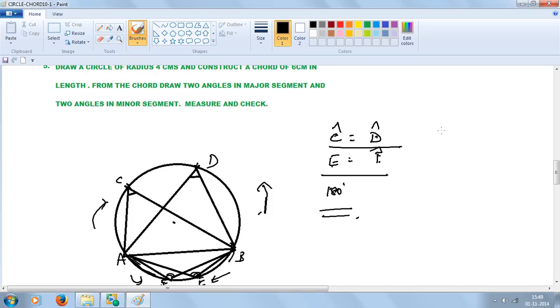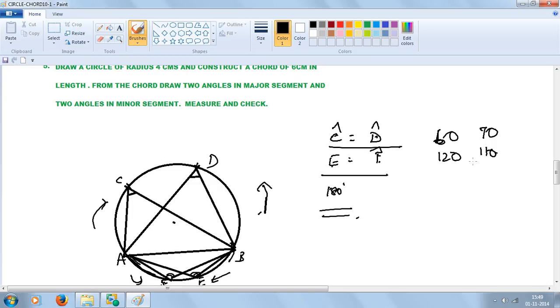Suppose, let us take for example, this angle C and D is equal to 60. The other angle will be 120. Suppose if the angle is 70, this angle will be 110, like that. Total will be 180 degrees.